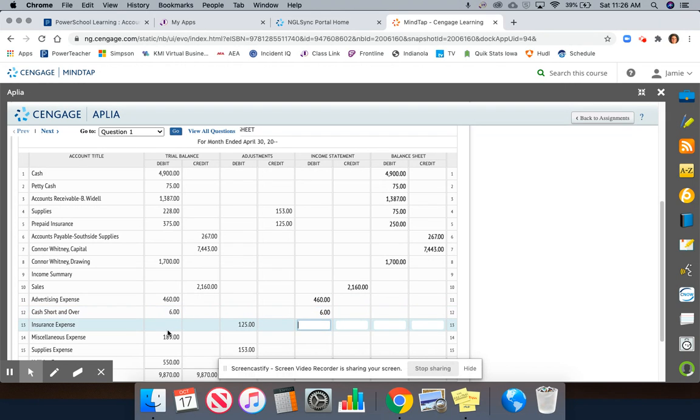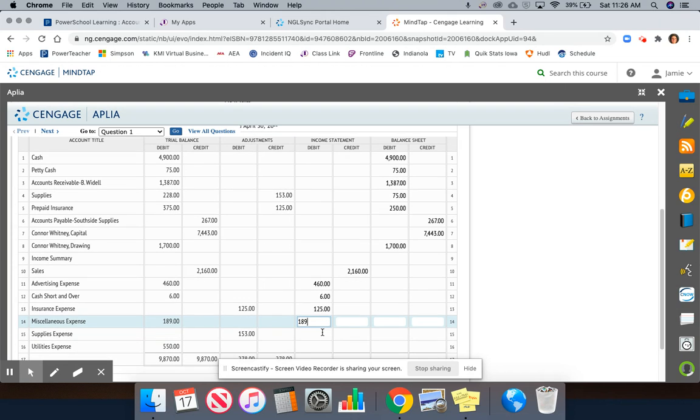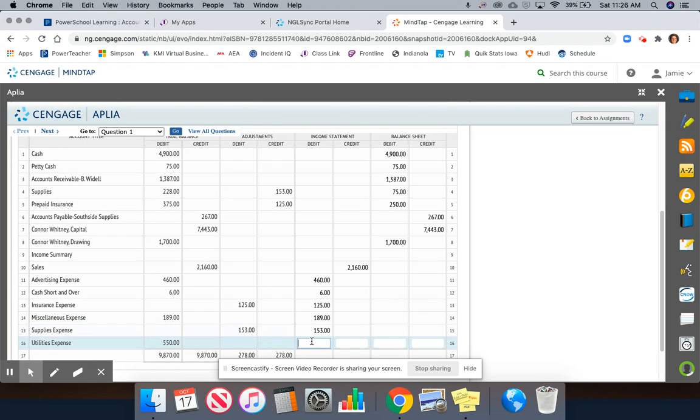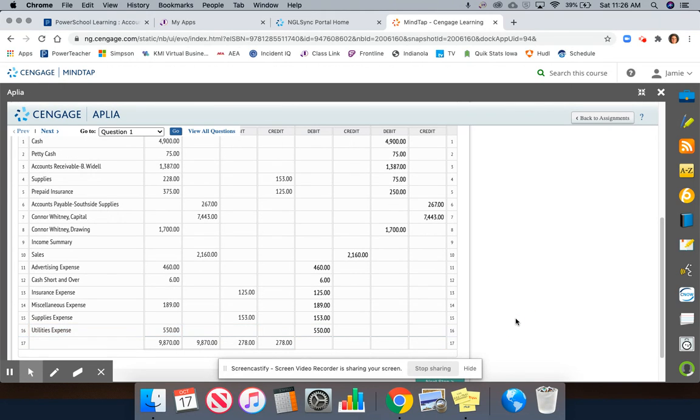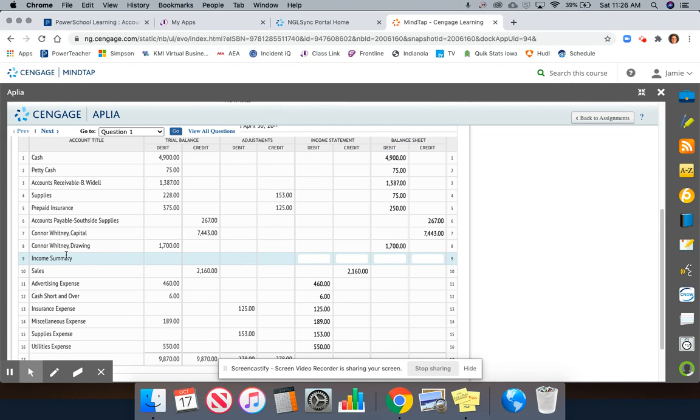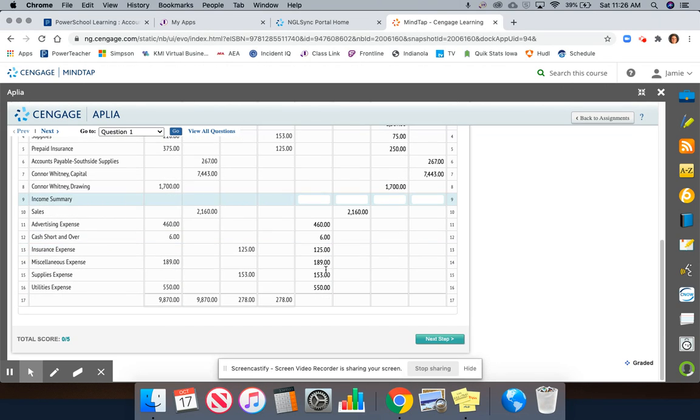This adjustment, we had 0 and then a debit of $125, so our new balance for insurance expense is a debit of $125. Same thing for our supplies expense. Don't forget about those adjustment amounts. So now that we have everything in there with our dividing line of the income summary, everything above income summary goes into balance sheet, below goes into income statement.